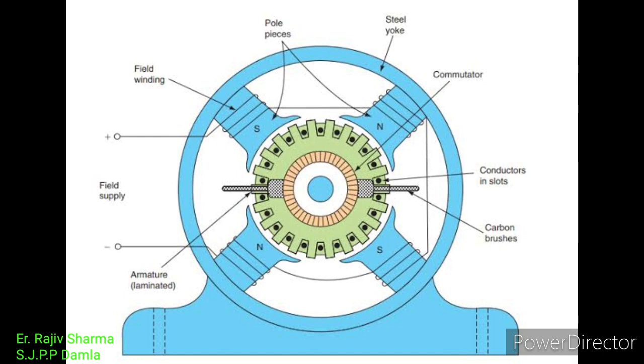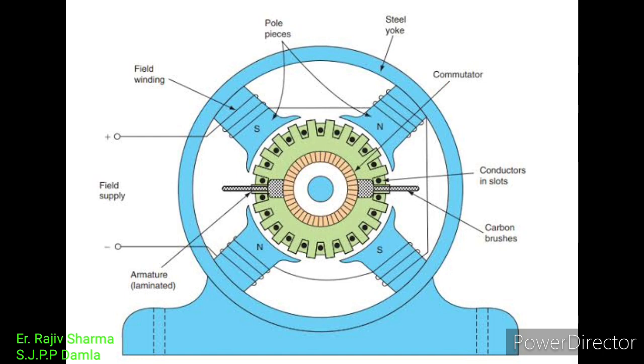The coils are mounted on a steel structure to increase the magnetic flux, and in small motors we use a permanent magnet, but in bigger size DC motors we use an electromagnet.